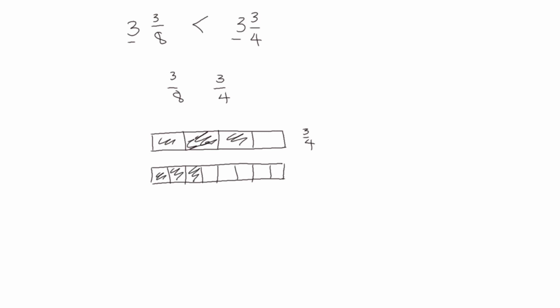And we can see that 3/4 is greater than 3/8. We could further prove this by dividing our 4ths again into 8ths and see that 3/4 is actually equal to 1, 2, 3, 4, 5, 6 8ths. And 6/8 is greater than 3/8. So once again, 3 3/8 must be less than 3 3/4.